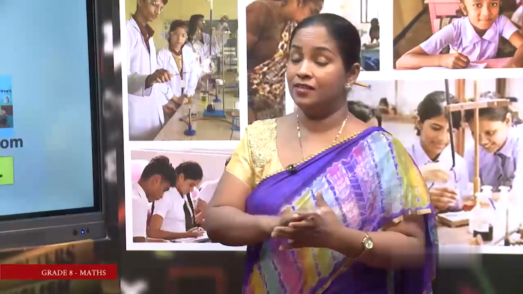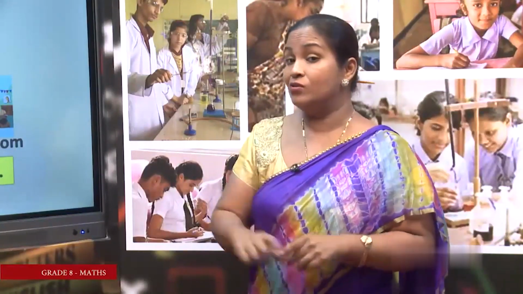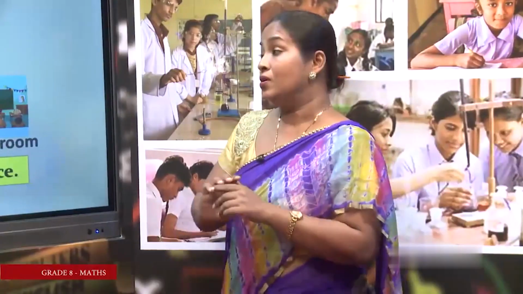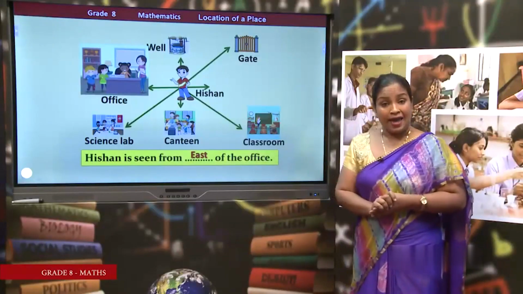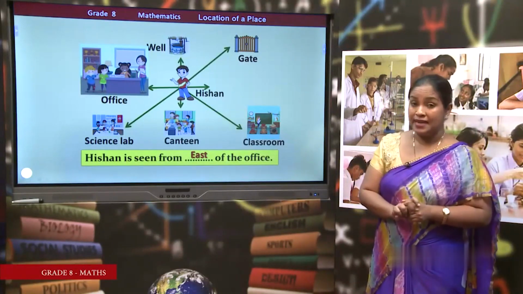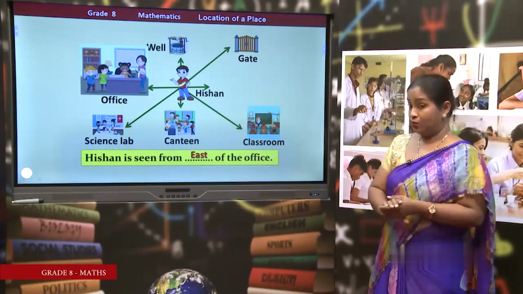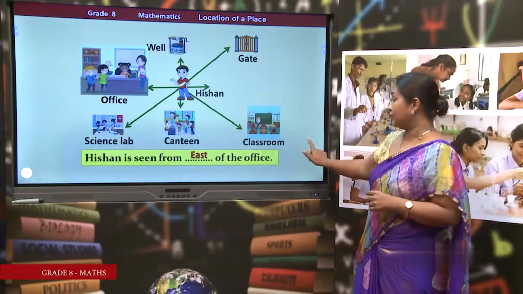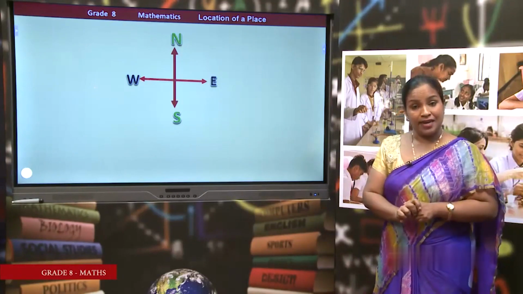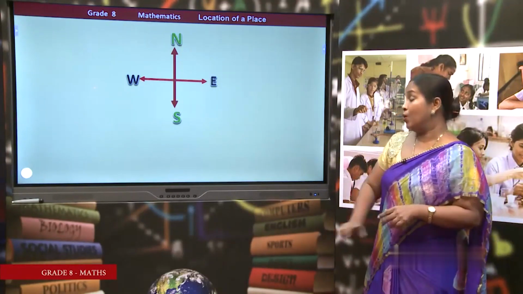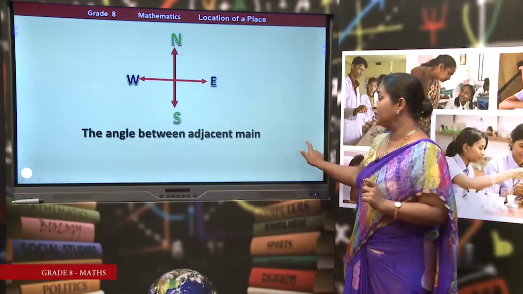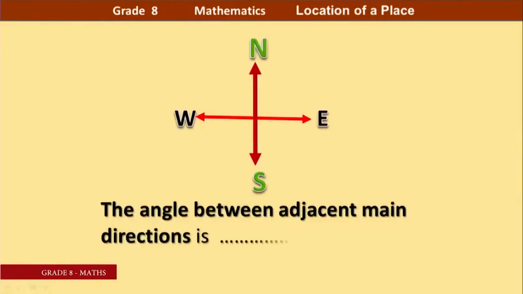These are the previous things you know. So, this is today's lesson special part starting now. We have to talk about the angles in between directions, main directions and sub-directions. Okay. These are the main directions. So, we are going to find the angle between adjacent main directions.